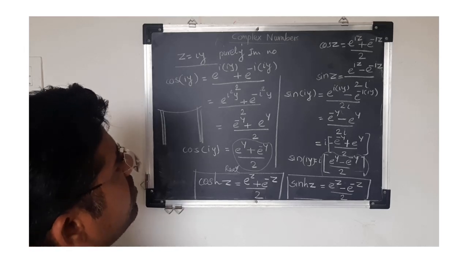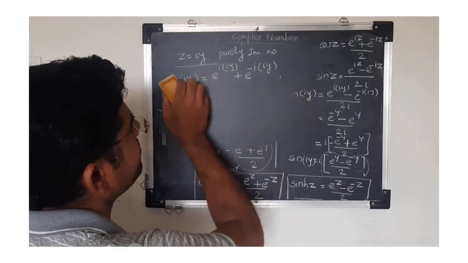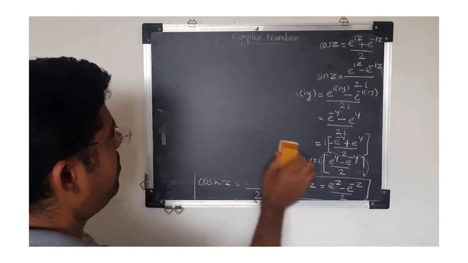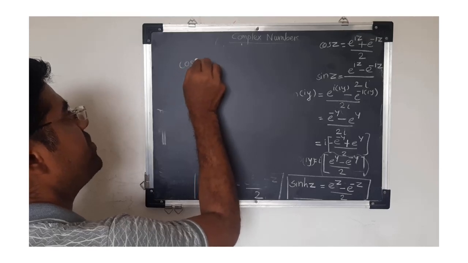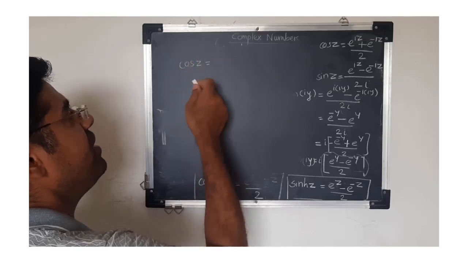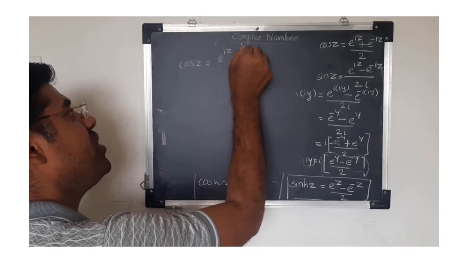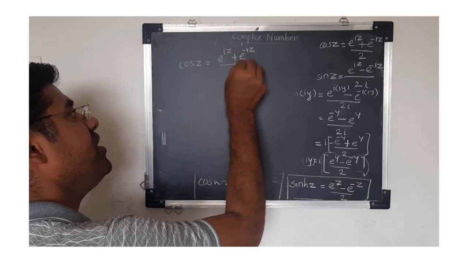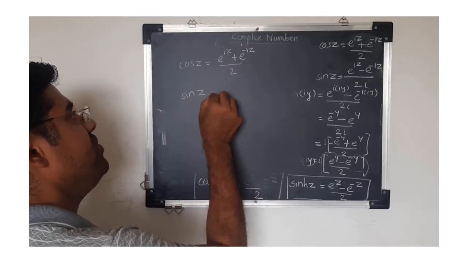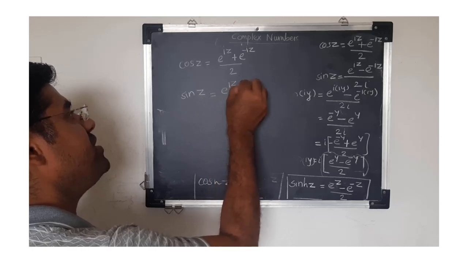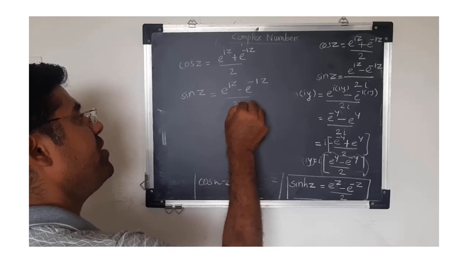So in today's lecture we have seen these terms. Cos of z is nothing but e raised to iz plus e raised to minus iz divided by 2. Sine of z is e raised to iz minus e raised to minus iz upon 2i.